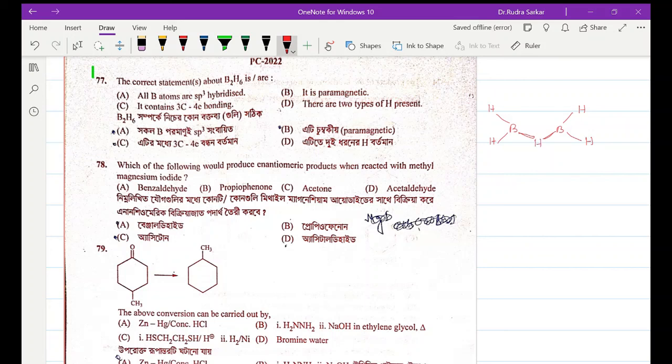The ones I'm drawing now are called the bridging hydrogens. So technically we will say that B2H6 is having two types of hydrogens, okay? So the circled ones are called terminal ones.